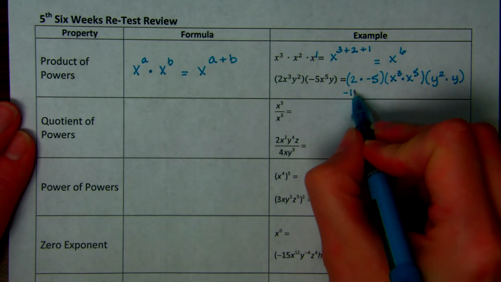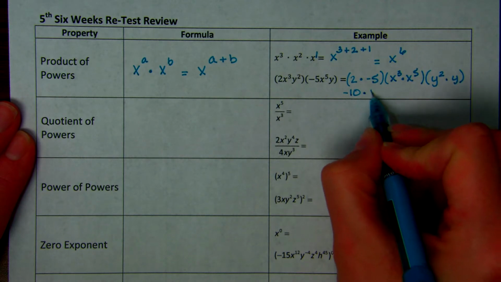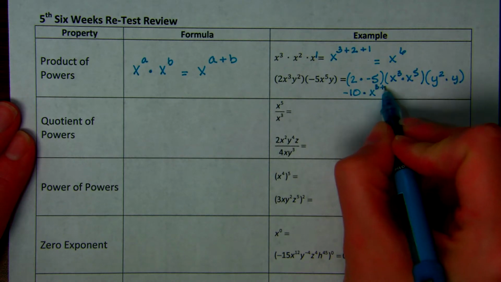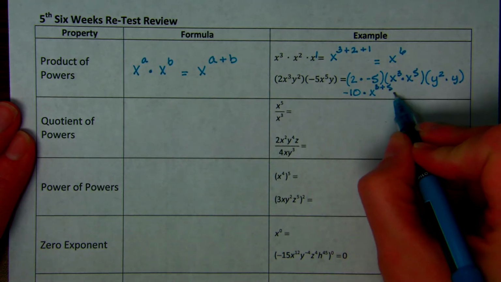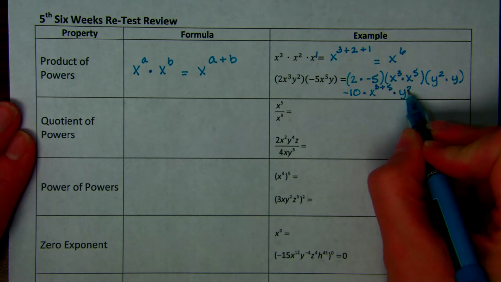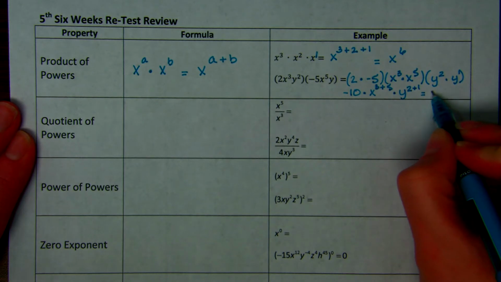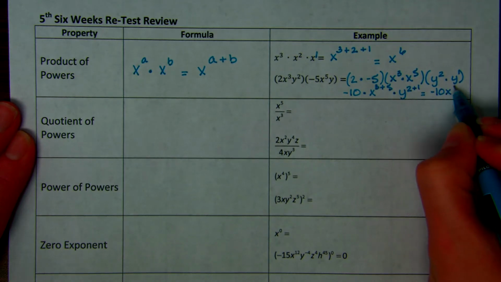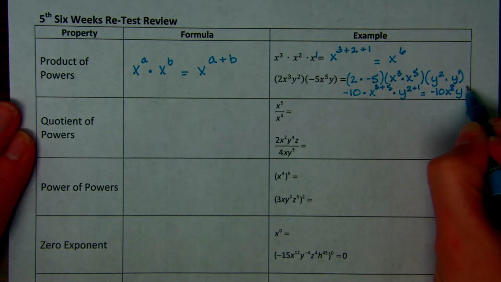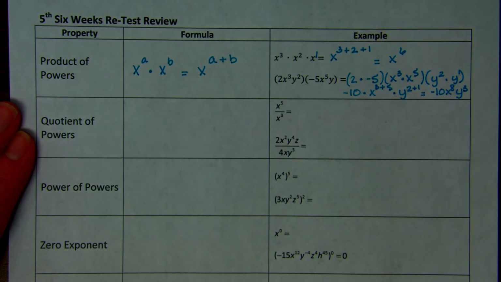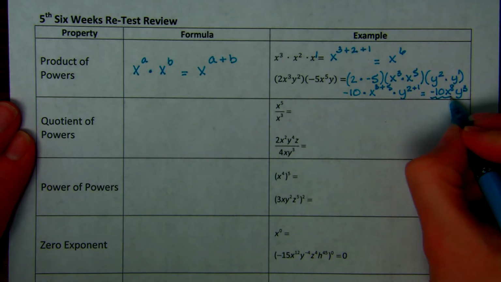And when we do that, we get -10 times x to the 3 plus 5 times y to the 2 plus 1, which is -10 x to the 8th y to the 3rd. And this is your final answer.